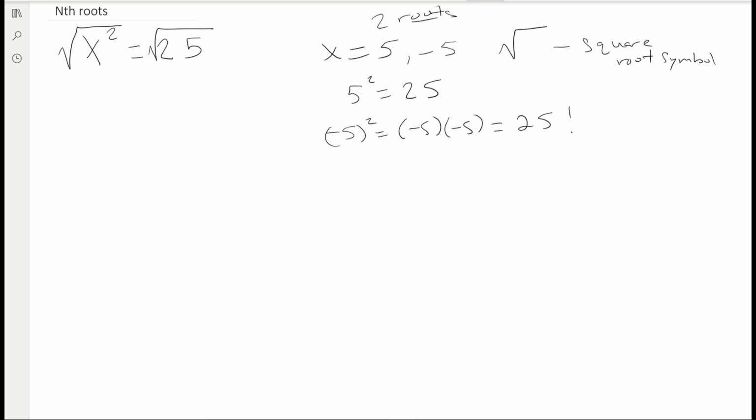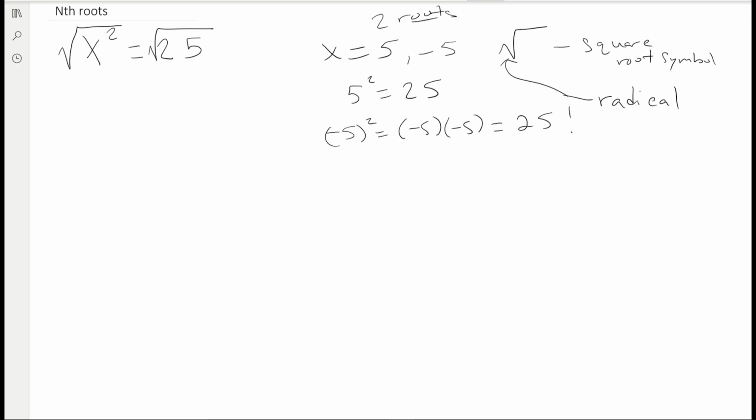More specifically, this symbol is called a radical. That symbol is called a radical, and it's going to be used for all the roots that we're looking at, okay? In this case, this radical is called the square root.